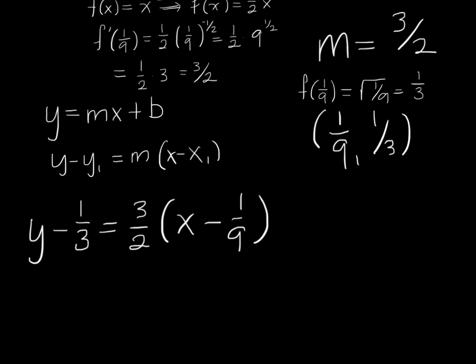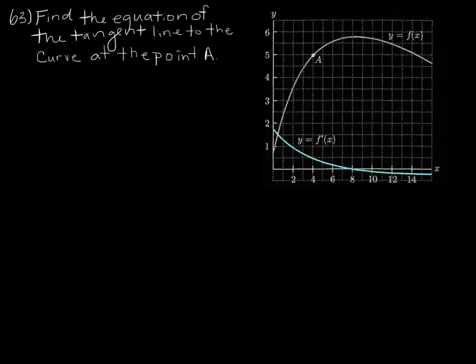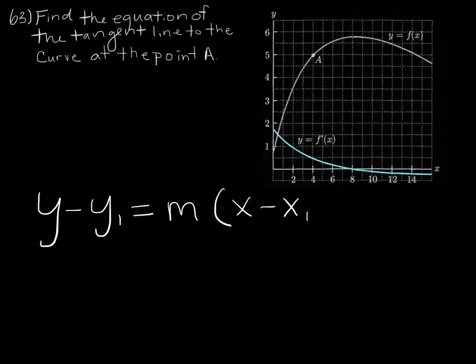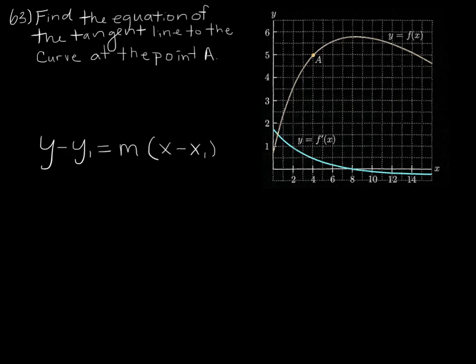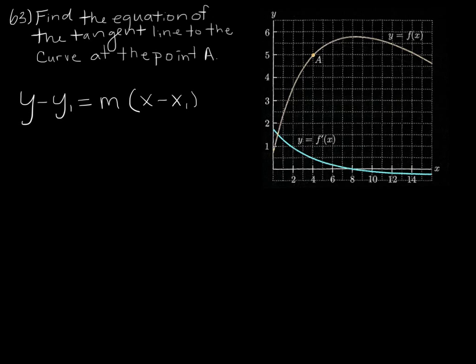Next we have number 63. In number 63, we're going to be finding the equation of the tangent line to the function f of x at the point A. I'm going to start by writing the equation of a line so that I can fill in the pieces that I need. So here we have the equation of the line, and I need to figure out what m is and what x1, y1 are.